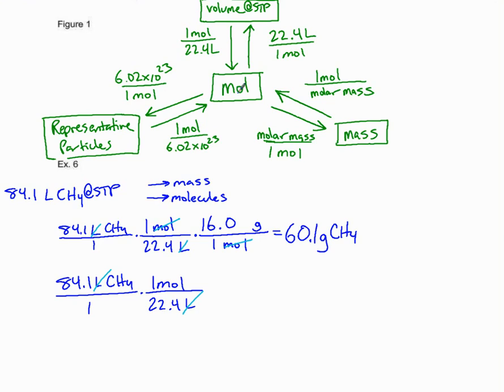And we want molecules, which means we're following this arrow, which tells us it should be 6.02 times 10 to the 23rd over 1 mole. We need to keep units in this dimensional analysis setup, so I'm going to specify that it is molecules of CH4, and I'm going to cancel out the moles.